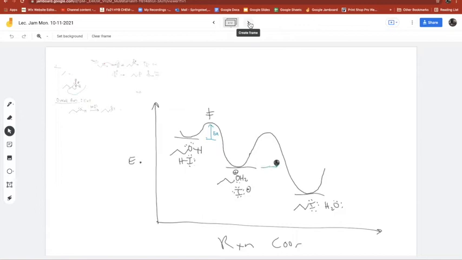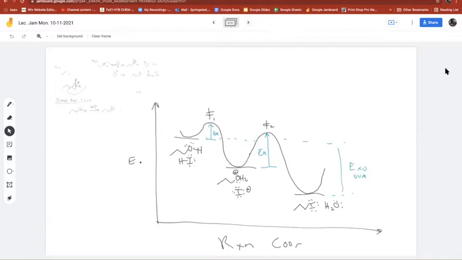What do you see here with this second step? Well, how's it different from the first step? Can anyone tell me what I did?